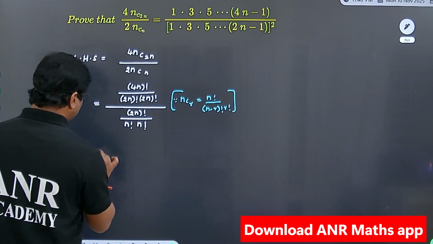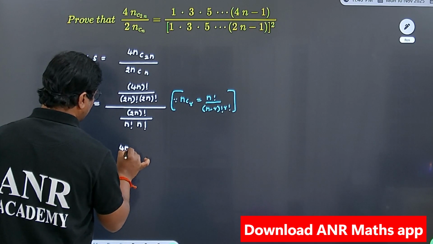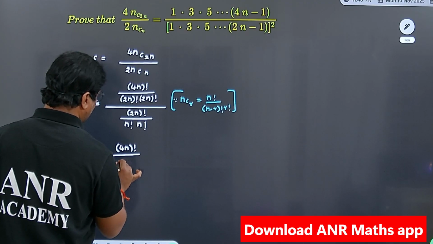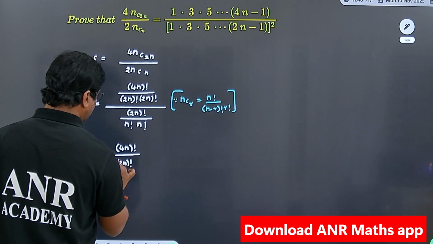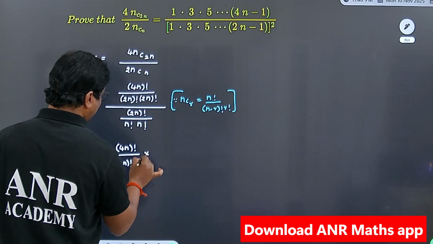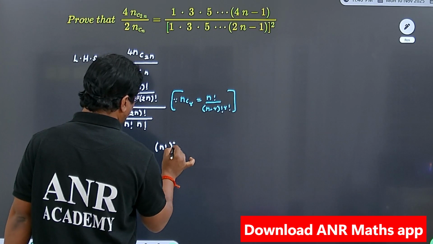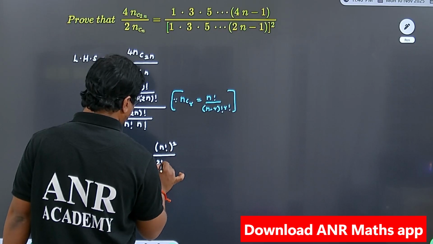Now it can be rewritten as 4n factorial divided by 2n factorial whole square, multiplied by n factorial whole square divided by 2n factorial.